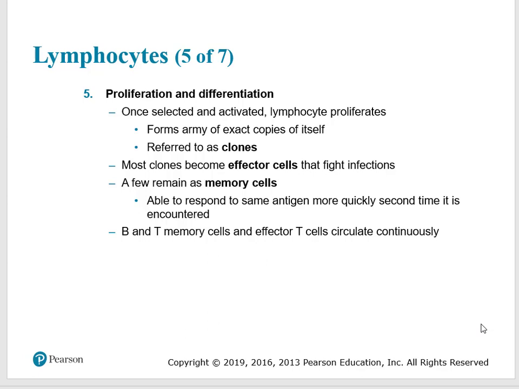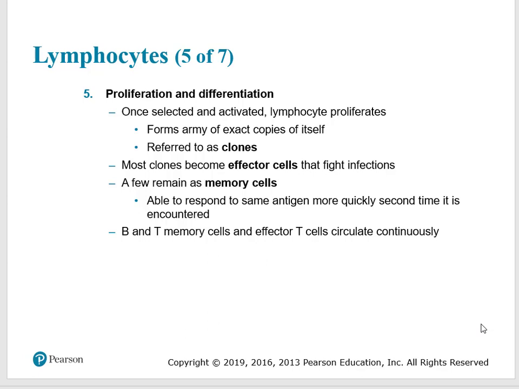That's what usually happens during cell division, where they keep changing. But you don't want the cell to change because you've already identified the antigenic determinants. All you want is to produce more of the same type of cells that can identify the antigenic determinants. That's why you have the cloning process, where you have identical copies of the cell that can resemble or identify these antigenic determinants that entered our body.